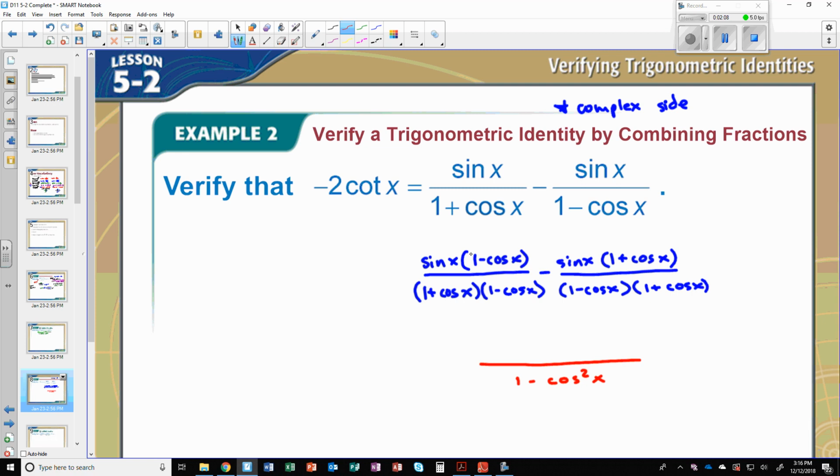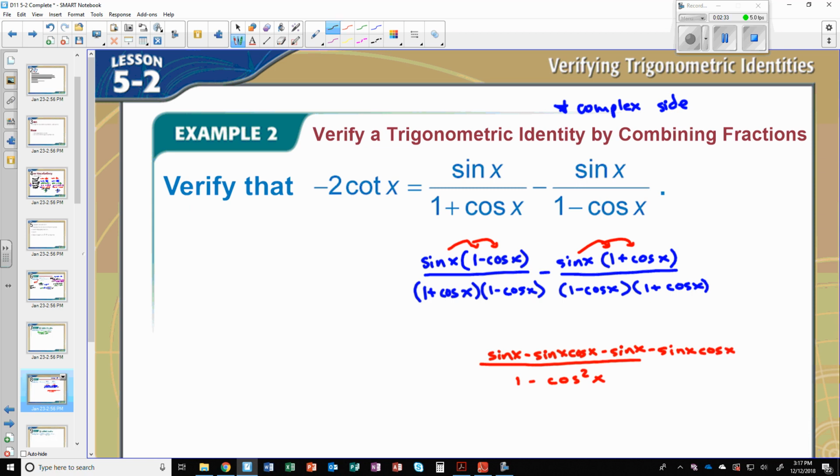Now up top, I'm just going to distribute here. So we would have sine x minus sine x cos x. And then over here, you take the negative sign and distribute that through: minus sine x, minus sine x cos x.